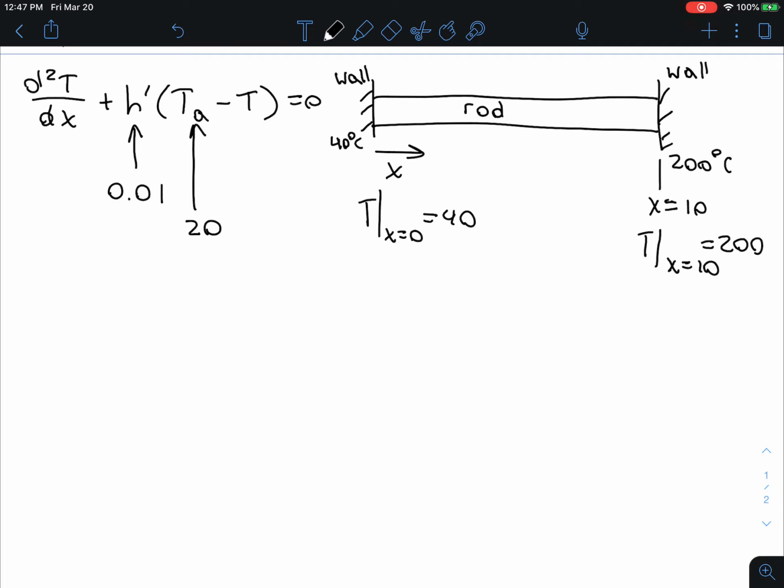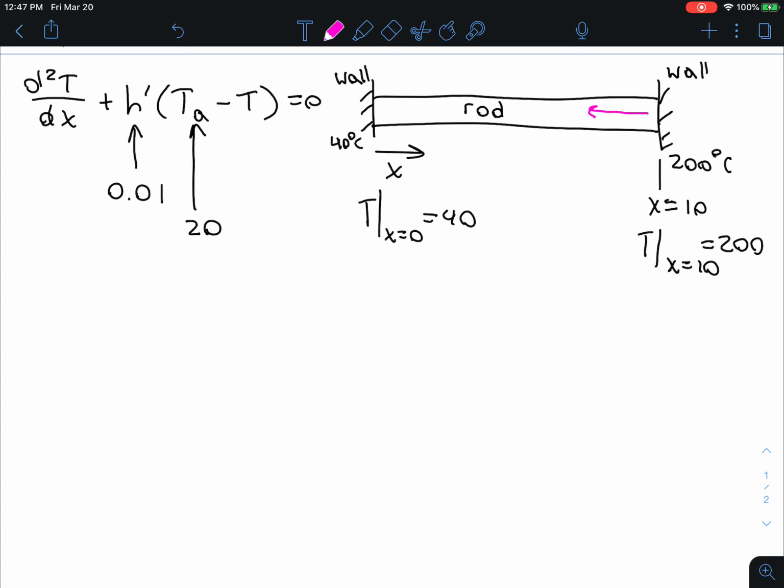And what's actually happening physically is probably worth mentioning, although you don't really need to understand it. You have a high temperature wall at 200 degrees. You have a low temperature wall at 40 degrees. So heat is going to be conducted through the rod, and the rod, especially when it's in contact with the high temperature wall, is going to be hot.